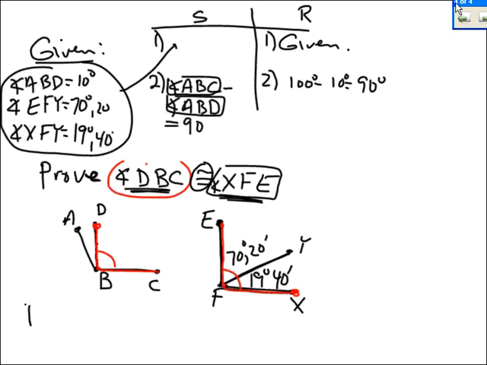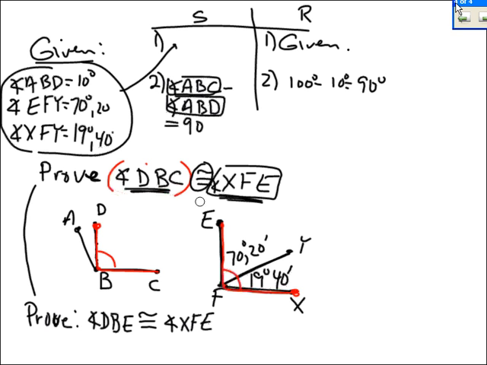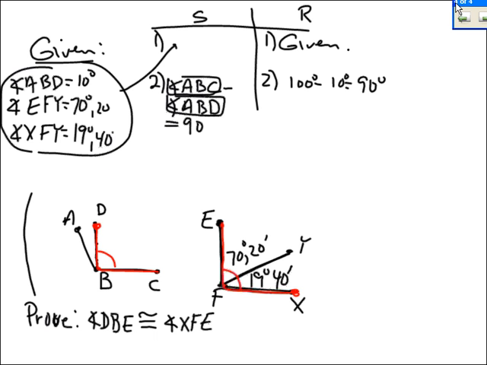Okay. Now, due to lack of space, I'm going to rewrite what we have to prove on the bottom. DBC is congruent to XFE. And one of the reasons you have to write down the givens is because how did I know that that was 100 degrees? Because I wrote it down. Somehow that didn't get recorded.